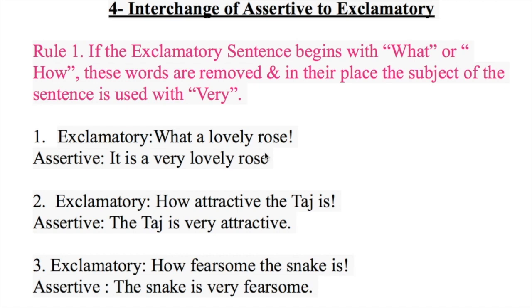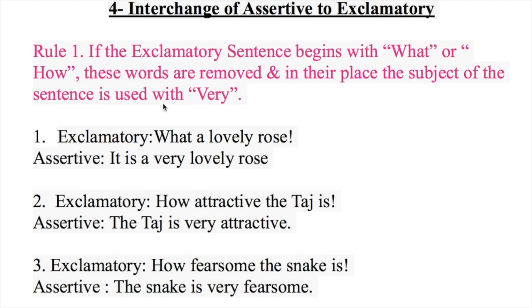Here now we are going to move to the next category of transformation, that involves interchange of assertive to exclamatory. So children, already you have been told what the assertive sentences are. The assertive sentences are the sentences that begin with a subject, while the exclamatory sentences are the sentences that express the strong feeling of our heart.